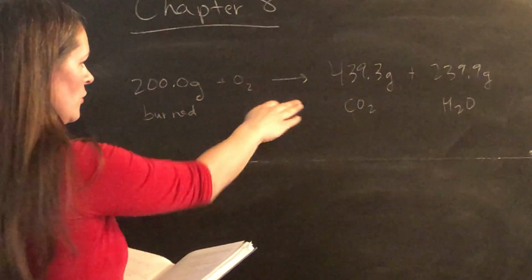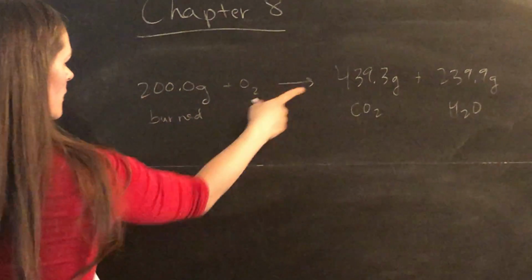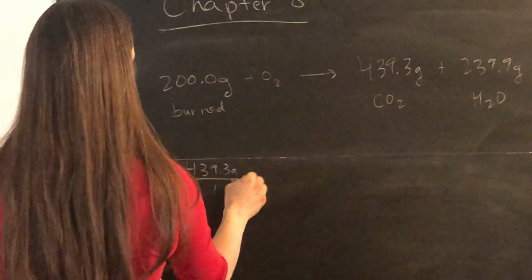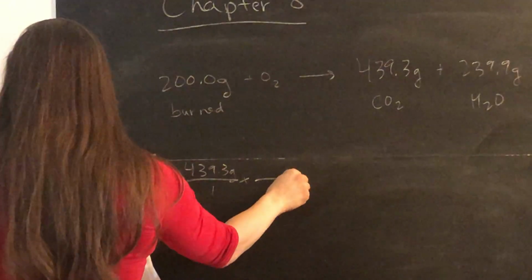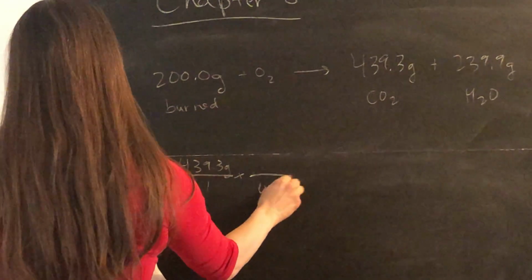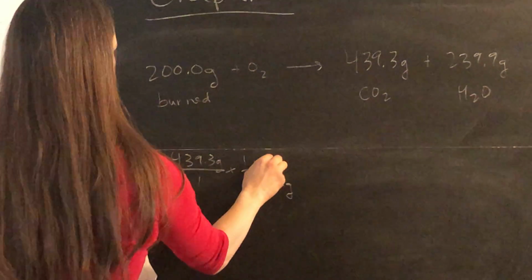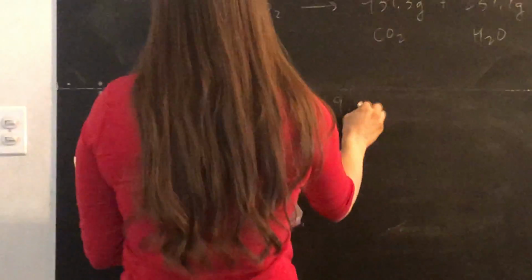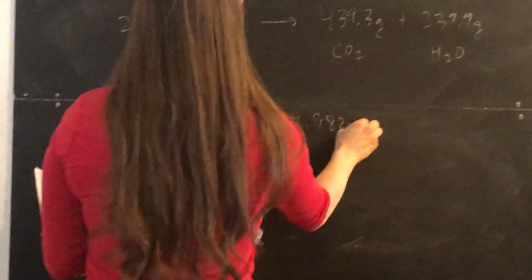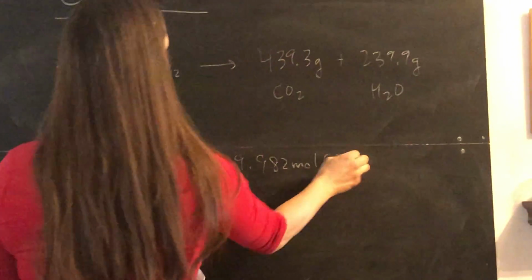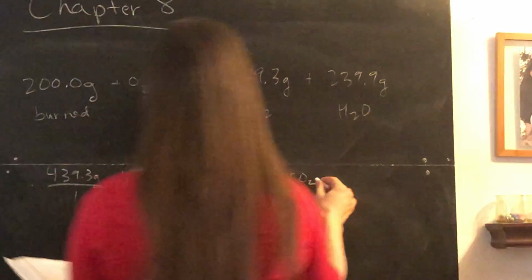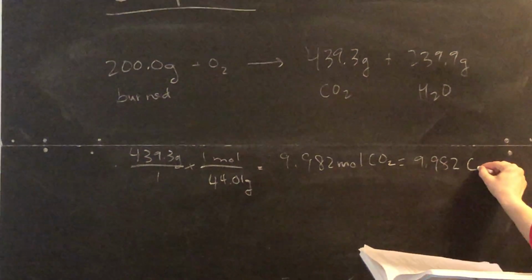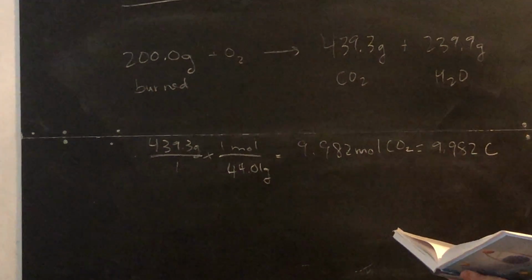First, let's figure out how many moles of carbon dioxide we have. So 439.3 grams of carbon dioxide, figure out its molar mass, 44.01. To figure out how many moles there are, we have 9.982 moles of carbon dioxide. So we know that there are 9.982 moles of carbon in our original sample.